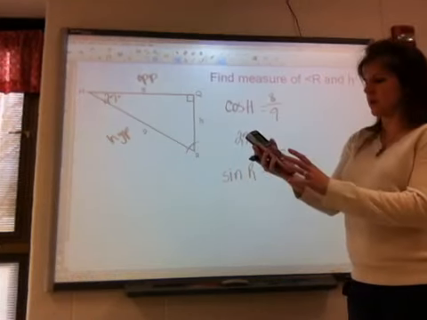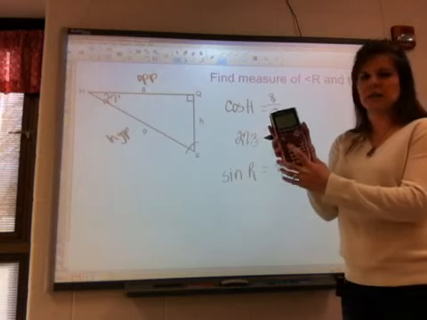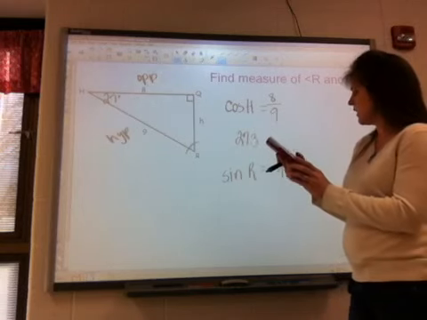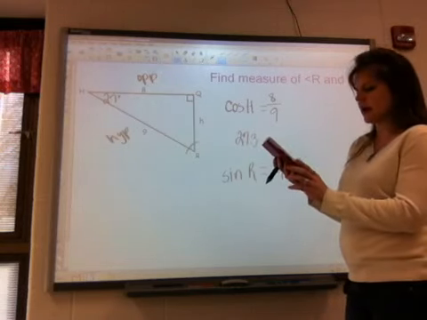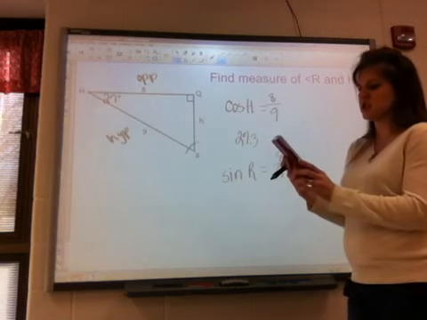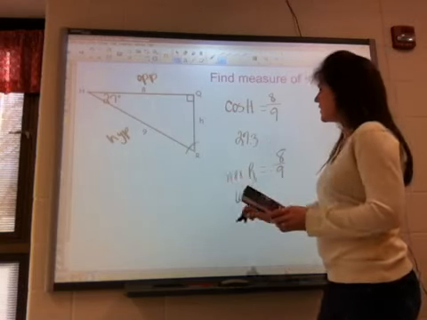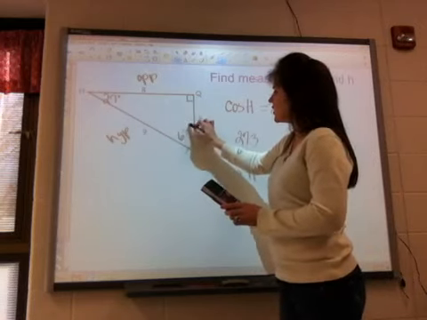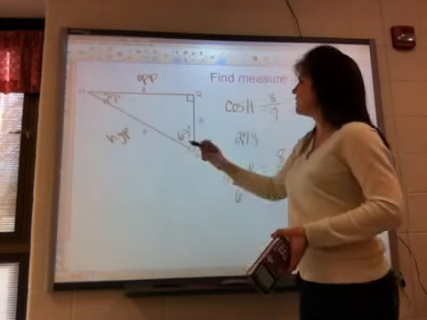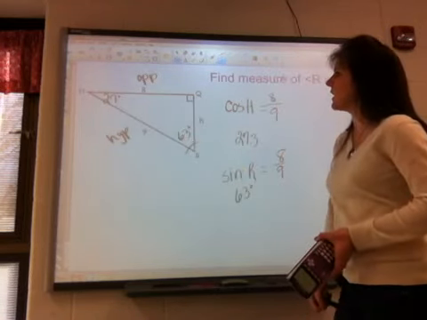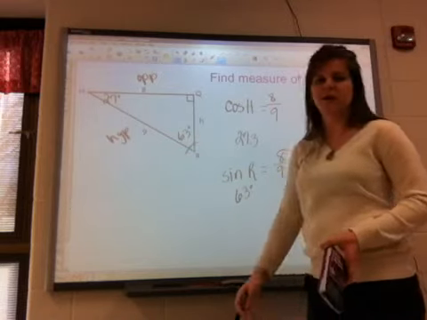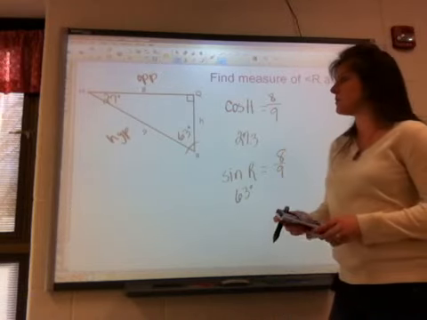Same concept, I'm going to use second sine button, that's the inverse sine, 8 divided by 9, and that gives me 62.7. I want to round up to 63 degrees. We can check: 27 and 63 make 90, 90 and 90 make 180, so I know that must be correct.